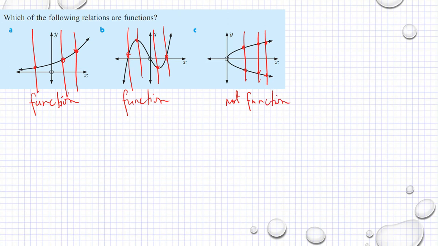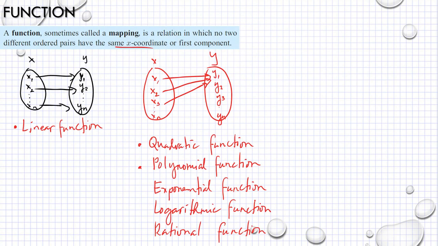So as you can see, there is a set of pairs of numbers, but if I'm going back to the definition of a function, it says that it is a relation of which no two different ordered pairs have the same x coordinate.